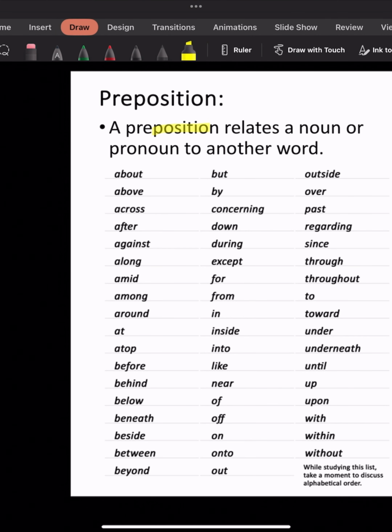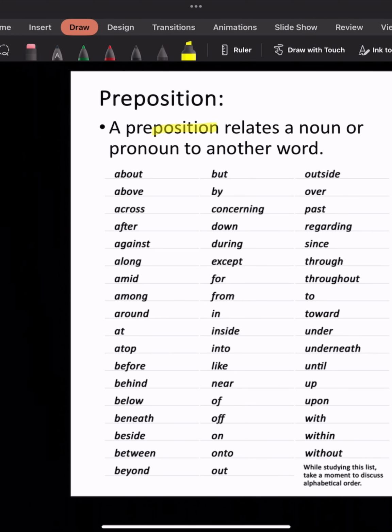However, we can see that a preposition has the word position in it. So think about position. A preposition relates a noun or pronoun to another word, relating where it's at in relation to the other word.